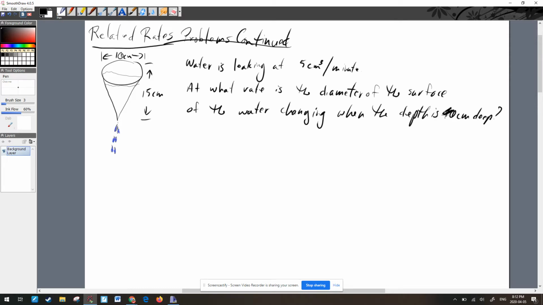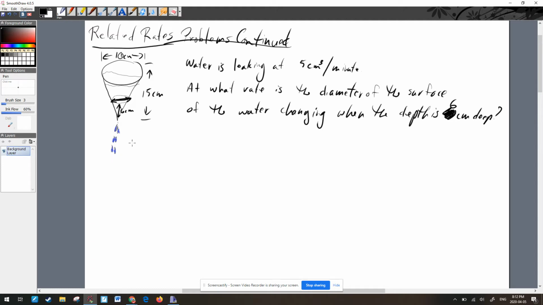Or how about we make it 6 centimeters deep? We've used 10 somewhere else and I don't want to get confused. How about when the water is 6 centimeters deep? So when the water gets down to roughly this depth here, a depth of 6 centimeters, I want to know at what rate the diameter is changing.